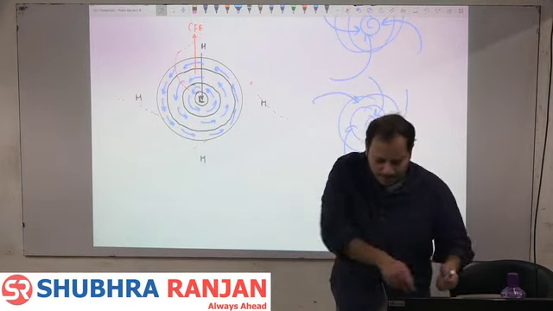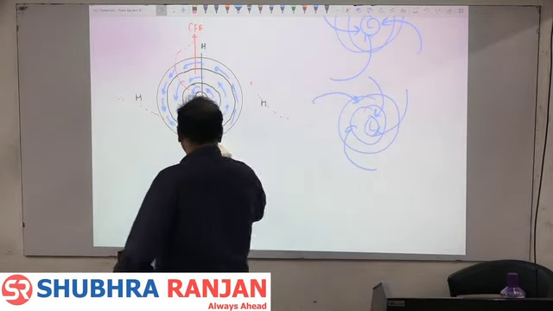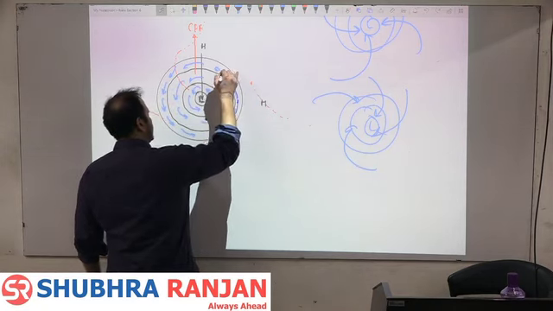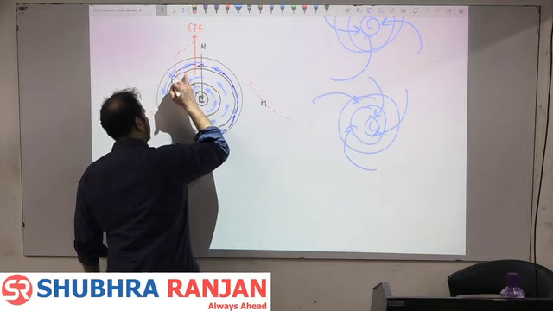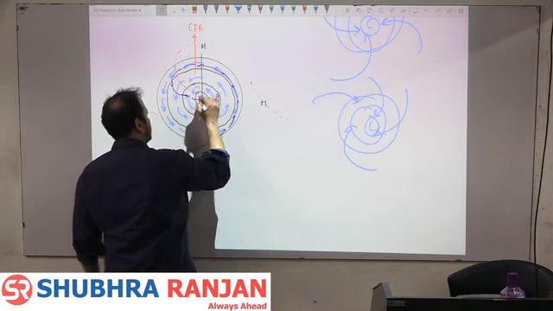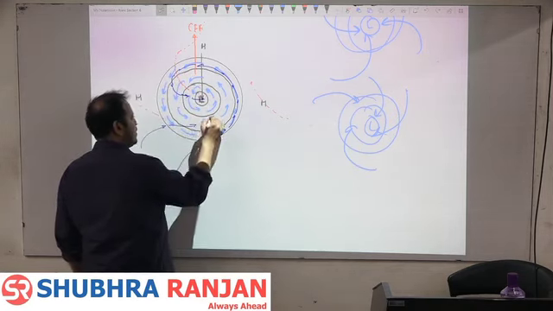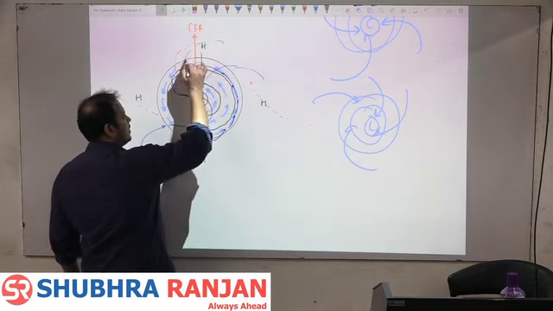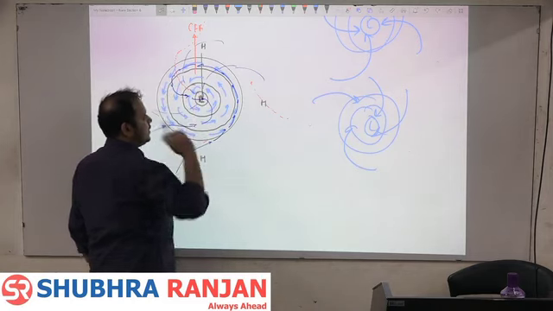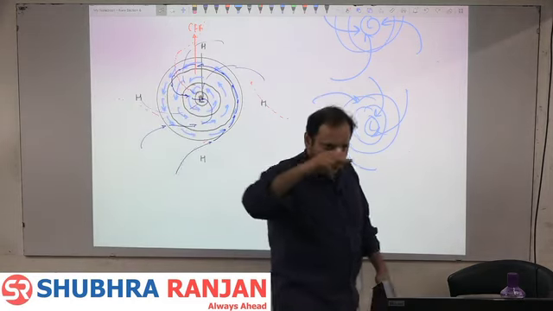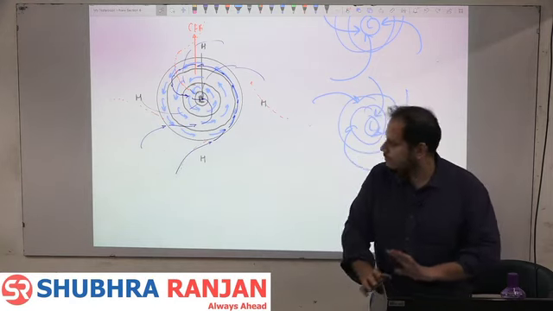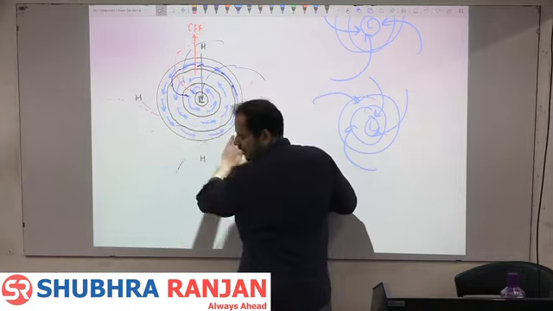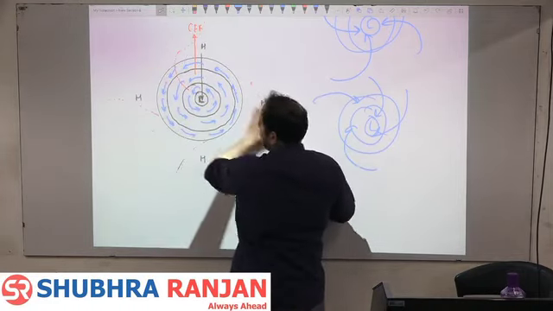Wind is coming and it is going to get deflected here, but once these forces start balancing, it will go like this. If the pressure gradient force is more, it will be pulled inside. It will start balancing, and thus it will appear to us that it is moving in an anti-clockwise manner. First we will write it down, then I will show you an animation.